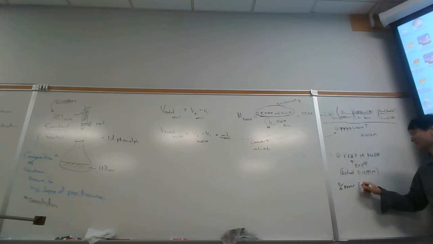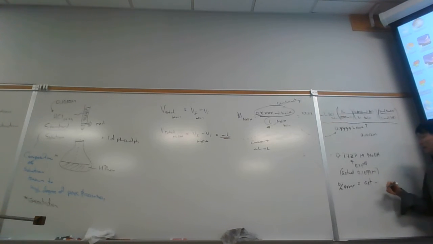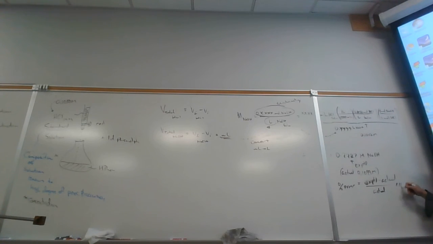The percent error is going to be the experimental minus the actual molarity, divided by the actual molarity, the actual being the theoretical, times 100%. And so we can see how well this titration worked by doing this calculation here.